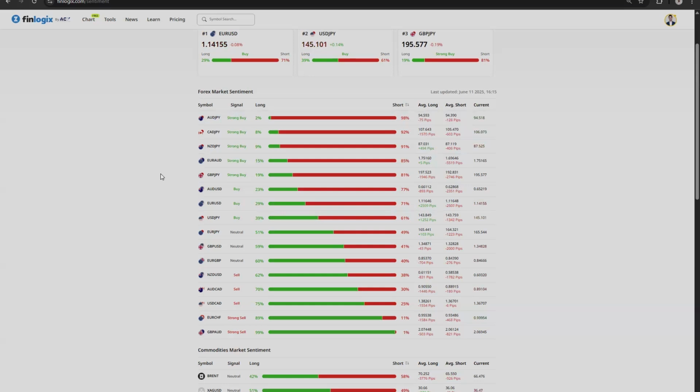You can say that the first ones here are for long positions and those ones are for short positions. But for those on the top, if these are below 10%, like this one, 2%, 8%, 9%, then what we want to do is take the opposite direction of what the market is doing.